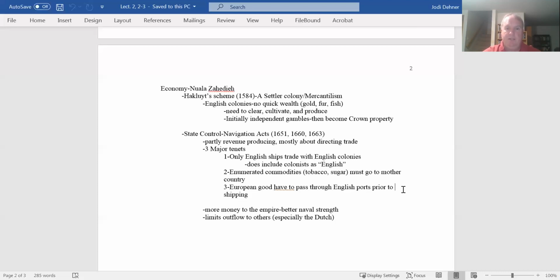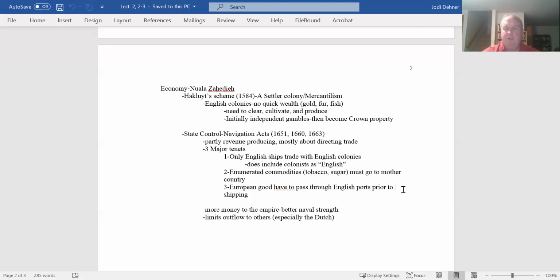This was designed to build up the English production of finished goods by guaranteeing a market where your goods would be cheaper than your competitors from other European states, right? So it's mainly about directing the trade to benefit English manufacturing, but they also get a little bit of the money on it. Now, the system isn't perfect for the English.